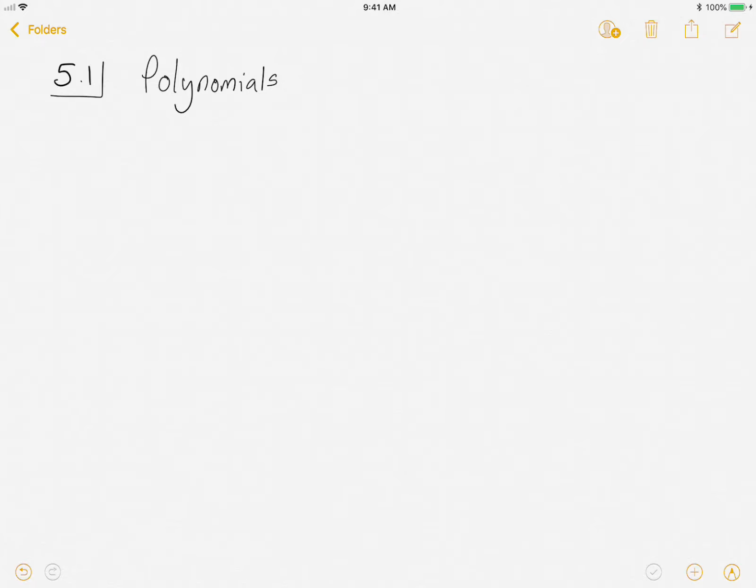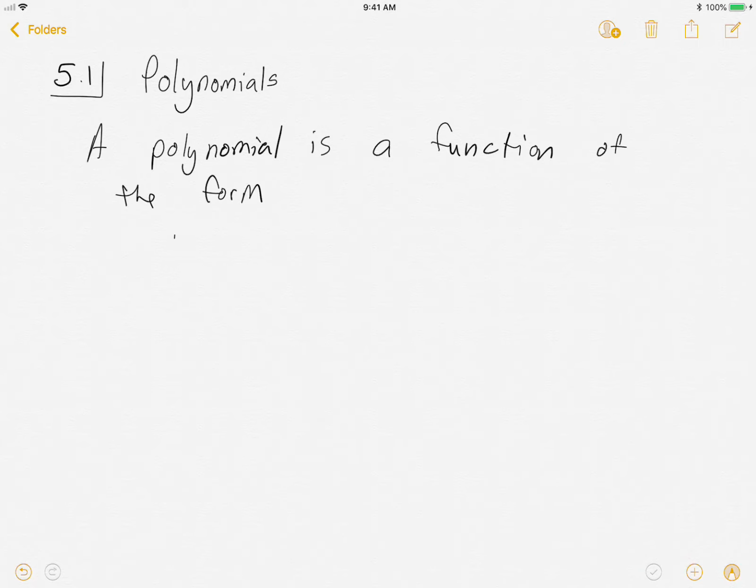5.1 is going to be over polynomials. So let's first talk about what a polynomial is. A polynomial is a function of the form a sub n x to the n plus a sub n minus 1 x to the n minus 1, and go all the way down to a sub 1 x plus a sub naught.